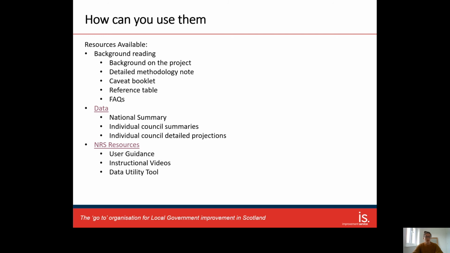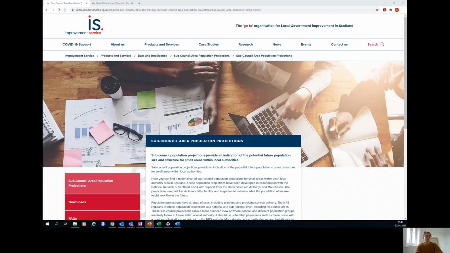So now that we've heard a bit about what the projections are and why you want to use them, I'm going to give you a run through of what sort of products we've actually produced as part of the project and how you can actually go about using these projections yourself. We've got a lot of resources that we've created, and there's a lot of additional things that the NRS have also done that will be able to support you.